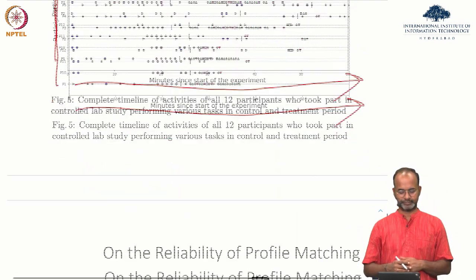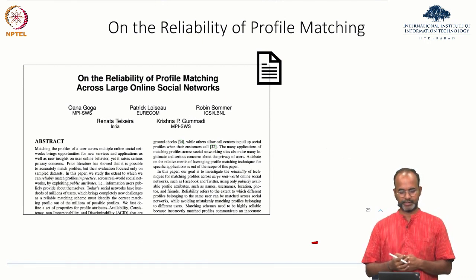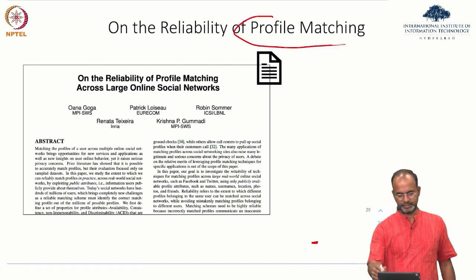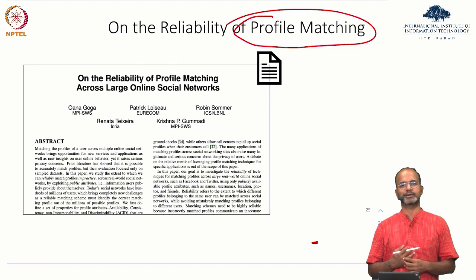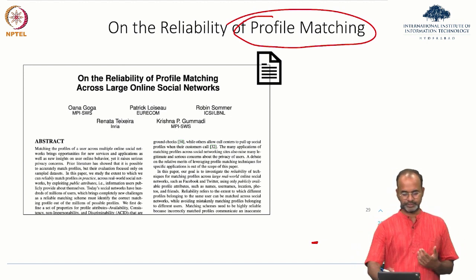Moving on with the identity resolution, some of the research work done on the reliability of profile matching. You remember I said the different words for identity resolution itself earlier. So profile matching is one idea where people had worked. This work was one of the initial works to look at this on social networks.